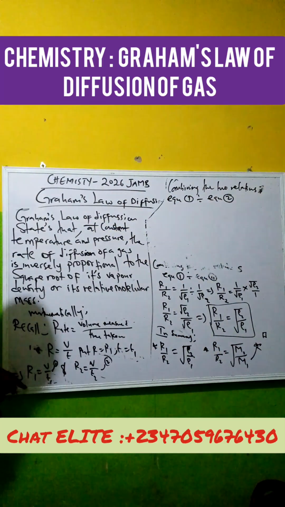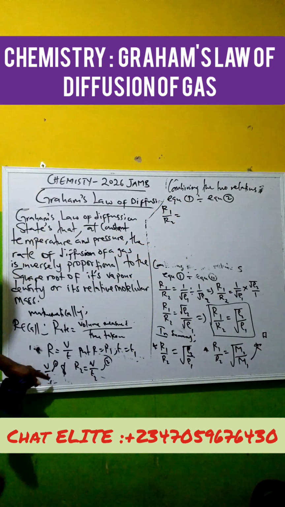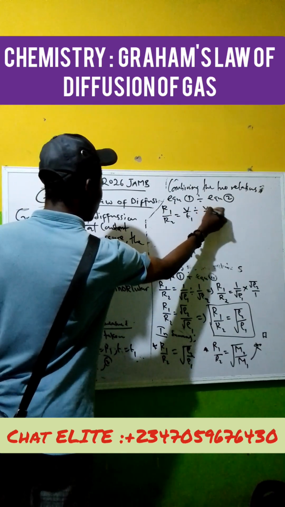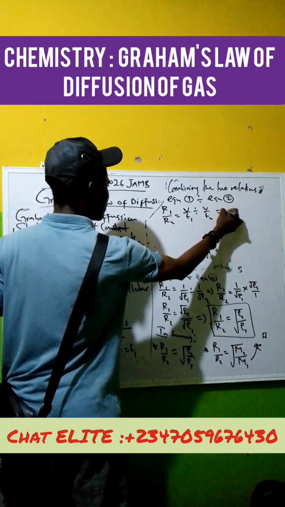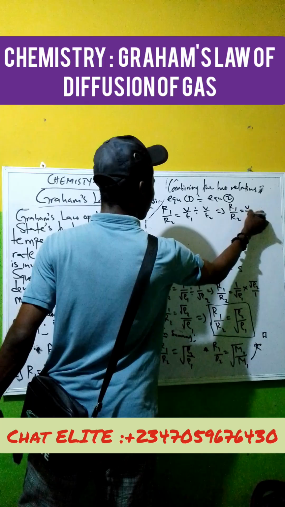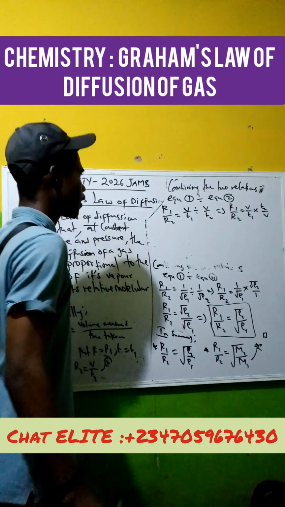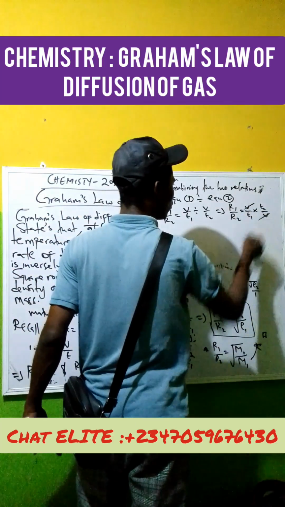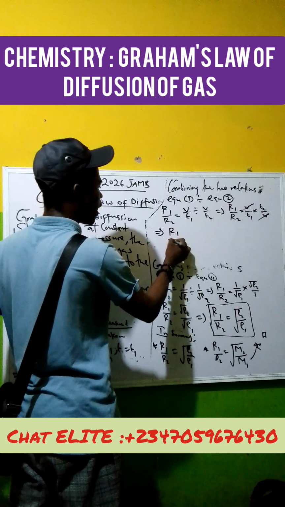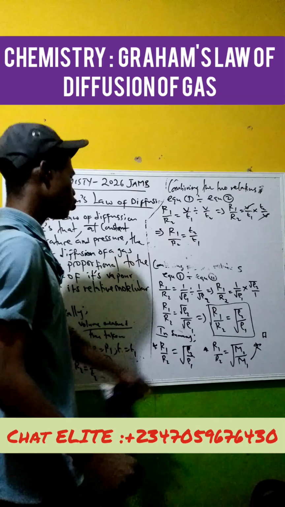So when we combine these two relations, we are going to have R1 divided by R2 is equal to V over T1 divided by V over T2, which implies that R1 over R2 is equal to V over T1 times T2 over V. Is that clear? So now this one takes care of this one. So at the end of the day, R1 over R2 is equal to T2 over T1.